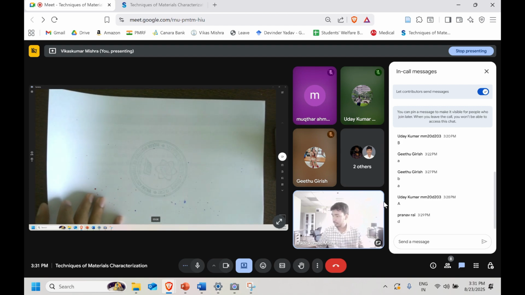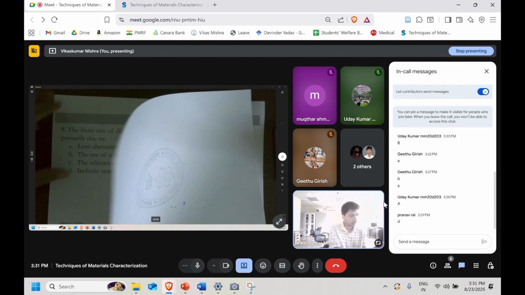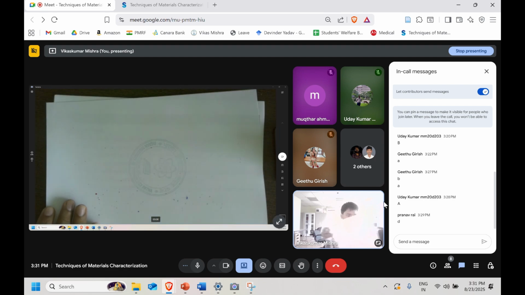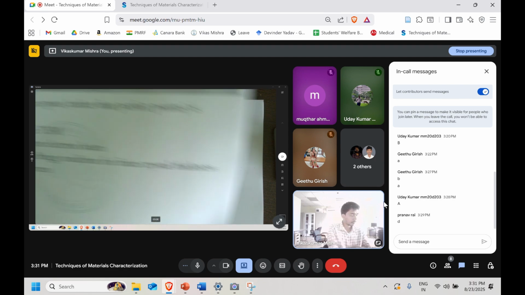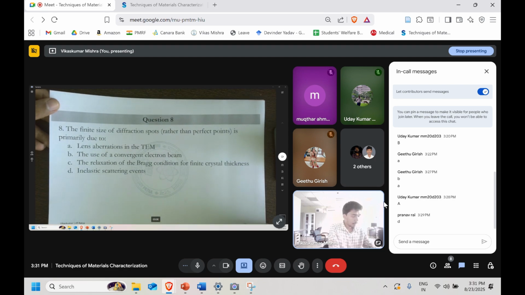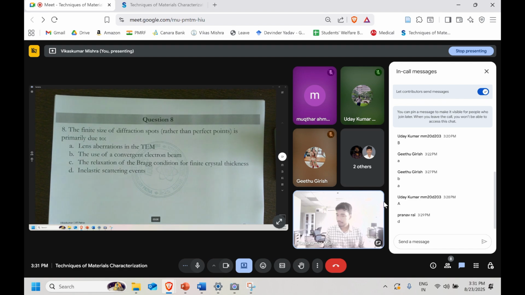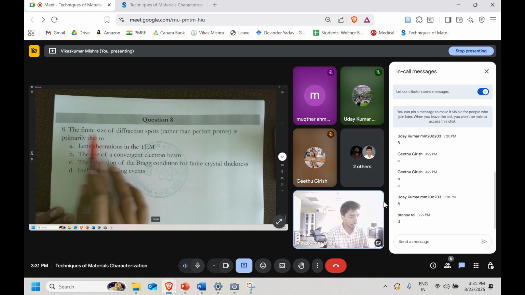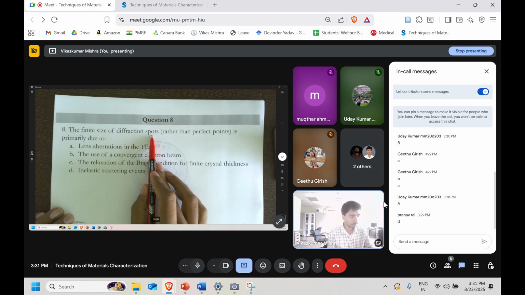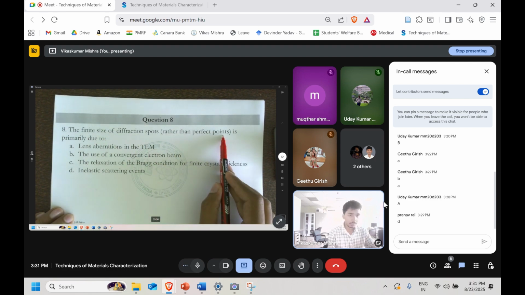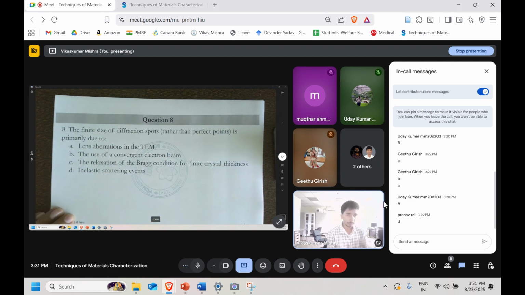Question number 8. Let's read the question. The finite size of the diffraction spot, rather than a perfect point, is primarily due to what? So let's understand the question. Where is that particular figure?